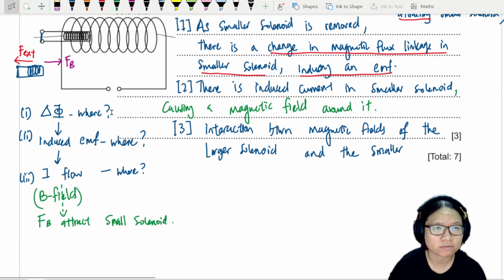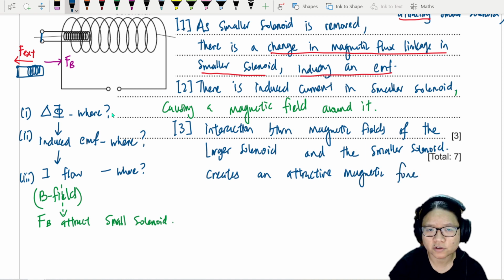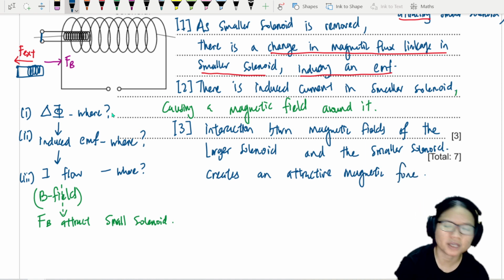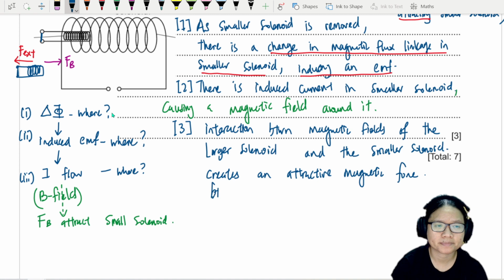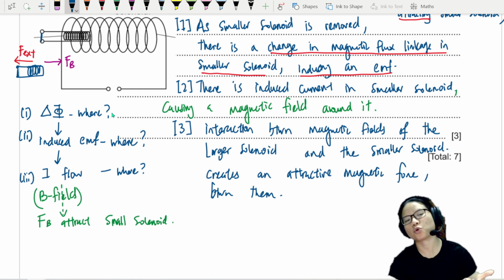So the interaction between the two fields creates an attractive magnetic force between them, and hence an external force is required, which you can write or not write, it is also okay.